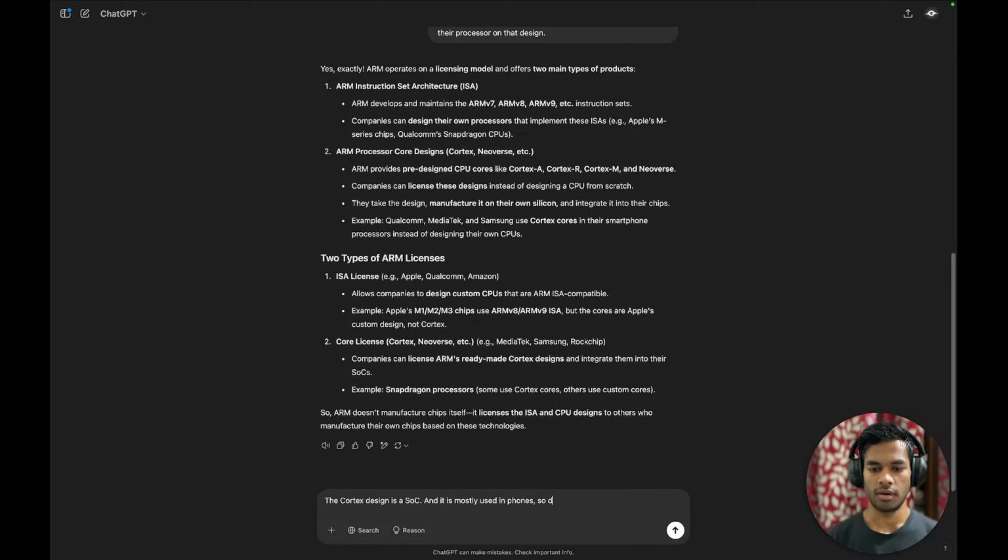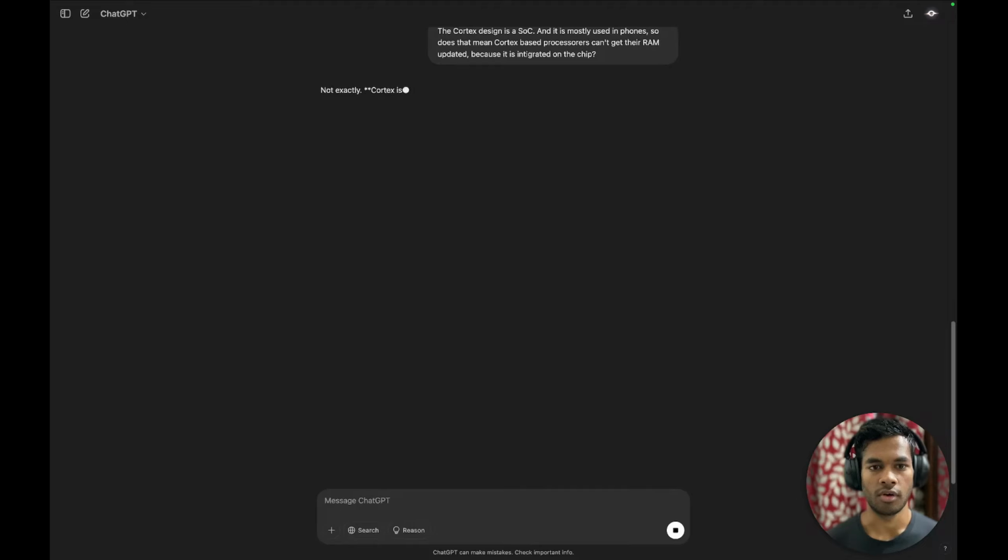So does that mean Cortex-based processors can't get their RAM updated because it is integrated on the chip? Well, at least it is on Mac M1.